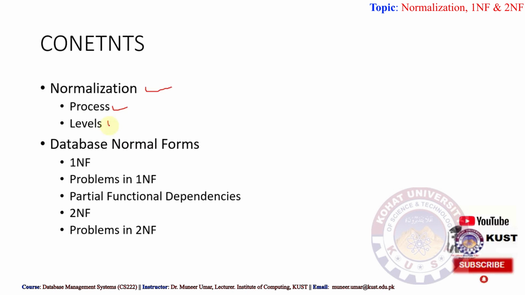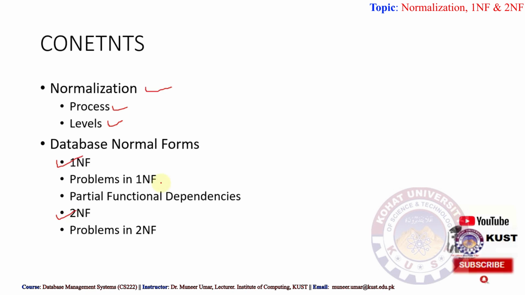These are also referred to as levels of normalization, and then we will study the first normal form and second normal form. We will study the first normal form, its process, and then what the problems in first normal form would be.